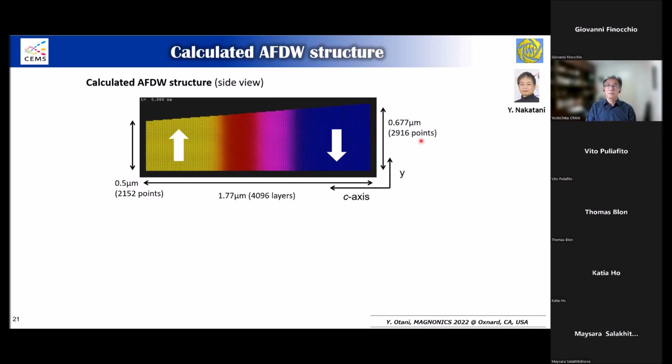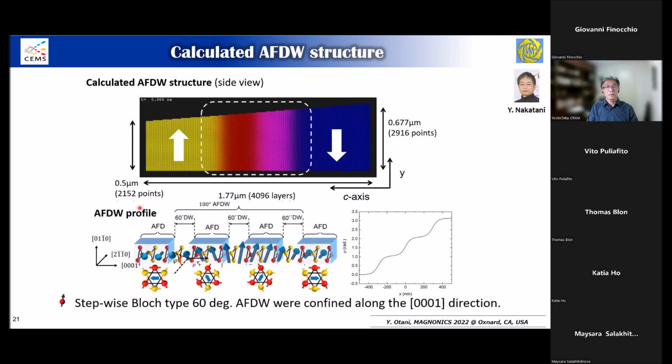Size-wise, this is something like 0.67, 0.7 micrometer, and the length is about 1.77 micrometer or so. The thickness of this material on the left and right is slightly different. As a result, we fix the boundary condition: this side is up and this side is down. And we see this six-fold symmetry, which reflects the different octupole directions.